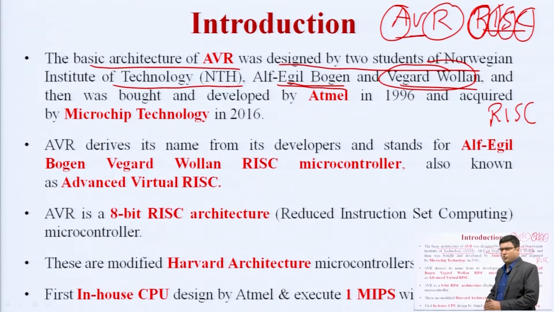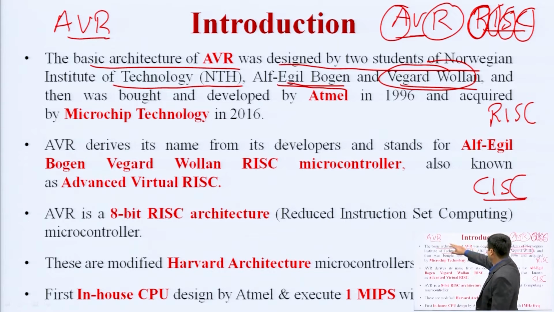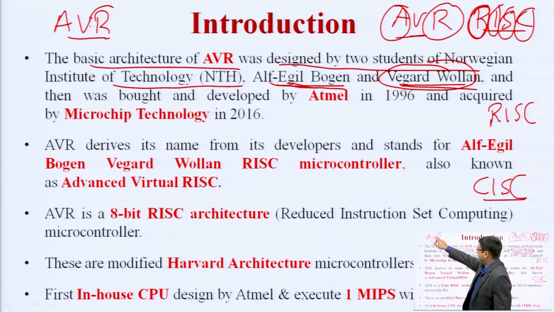There is other processor available as well, like CISC, complex instruction set computer. So, AVR follows RISC processor. So, now it is clear to all of you what AVR stands for. AV means the names of the two students, Alf Egil-Bogen and Vegard Wollan, and R means the RISC architecture.